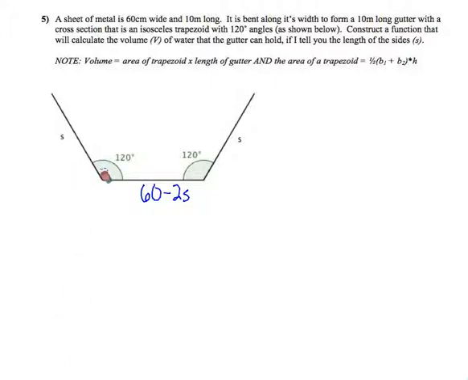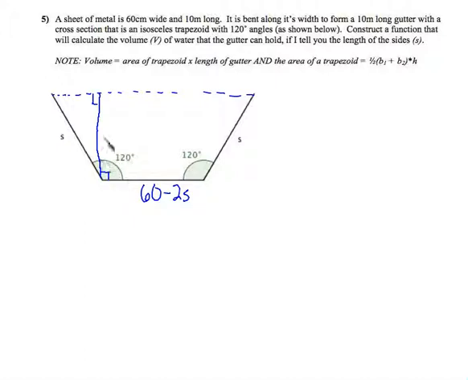Then we have to figure out what this other base is up here of your trapezoid. If you draw this segment, a right segment, then that also makes this down here a right angle.